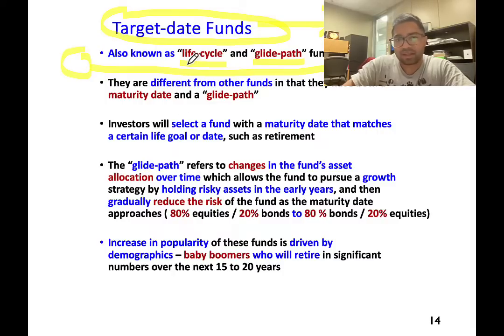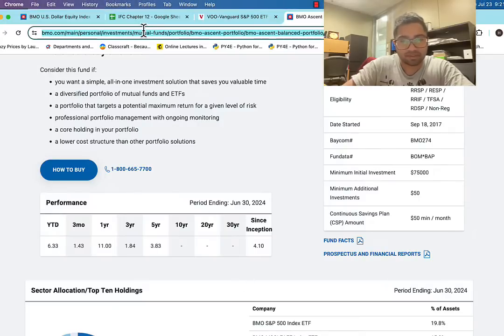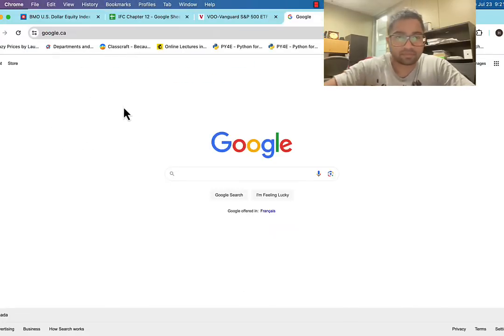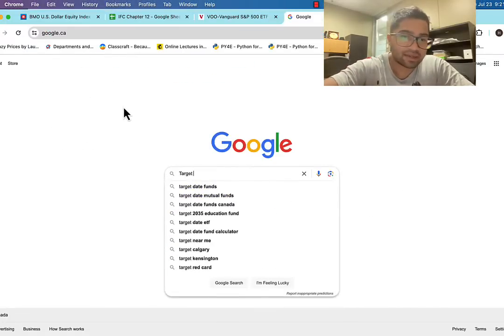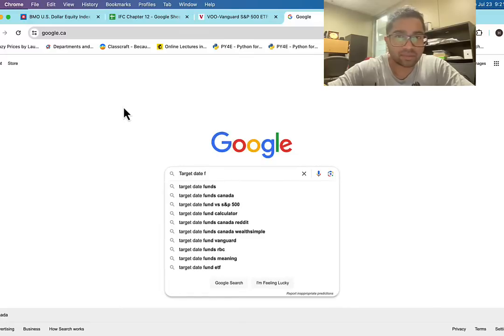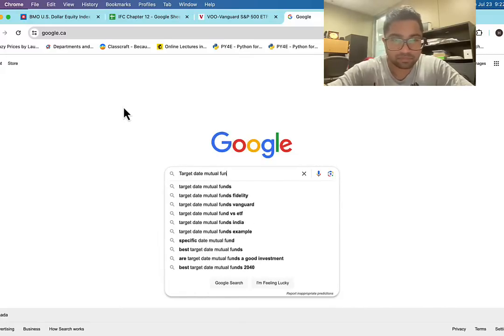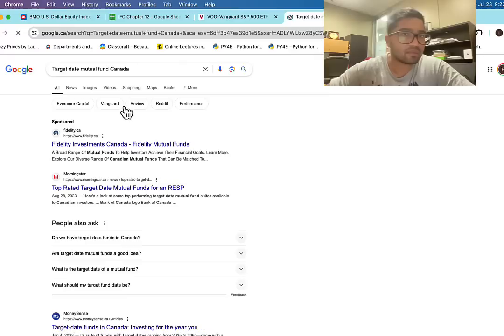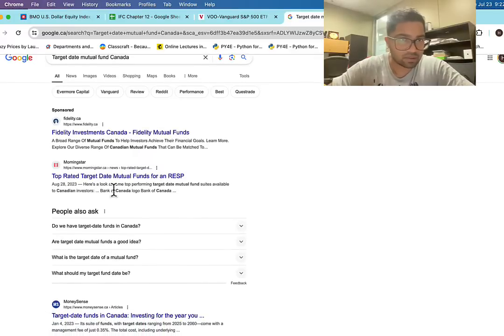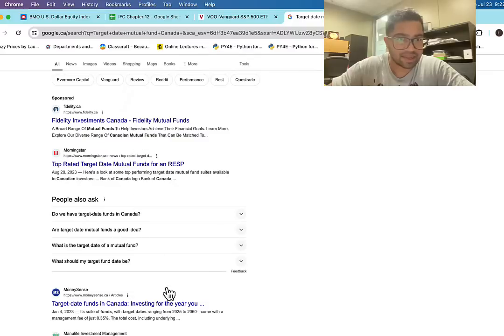Okay, so let's look at an example, then read through the PowerPoints. So target date fund, mutual fund. Let's look at Canada. Fidelity has an example.